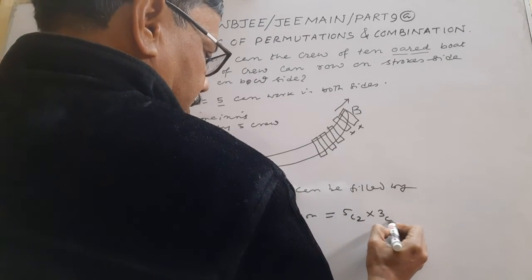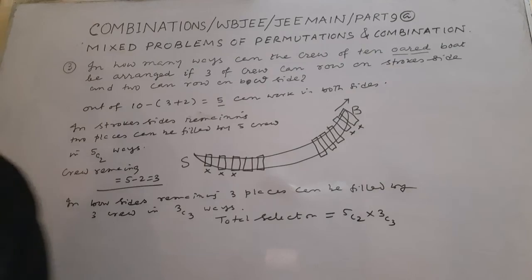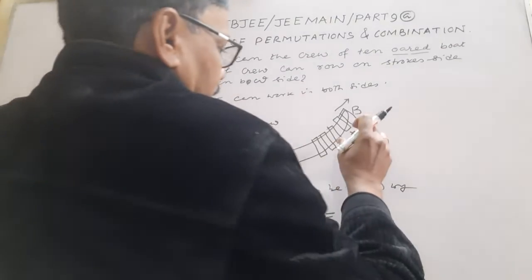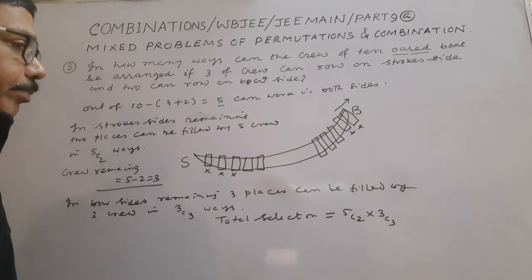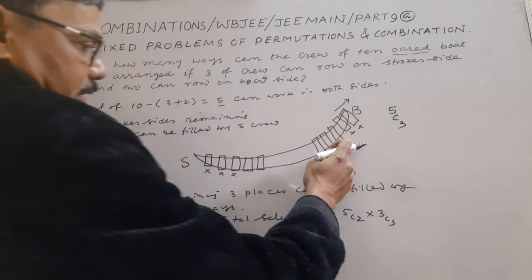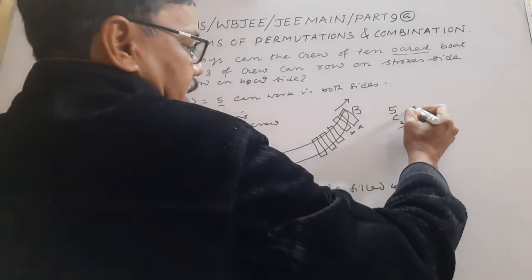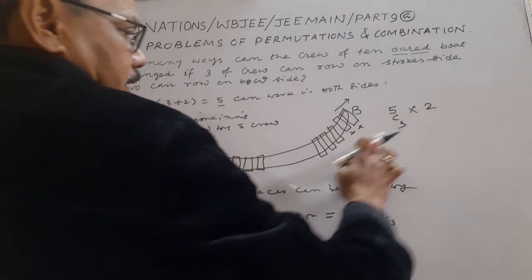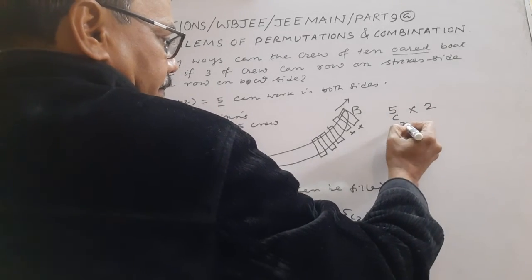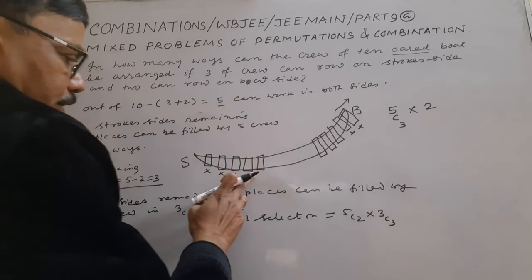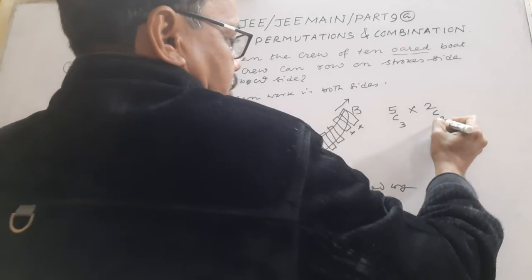I have already stated in previous problem you can fill up this part at the beginning. So what will be the selection? 5C3, because 3 gaps, 5 choose 3. And remaining is 2 and 2, this is 2C2.